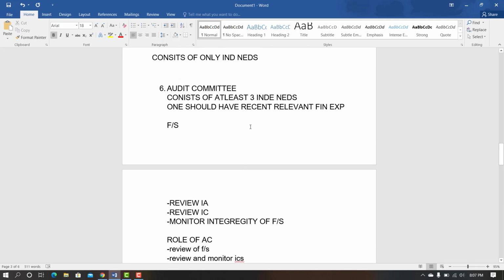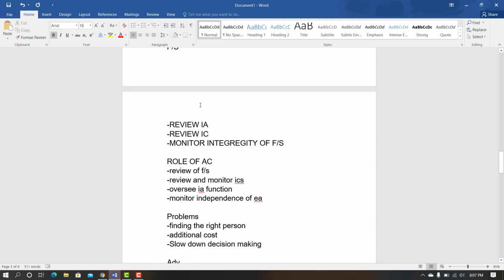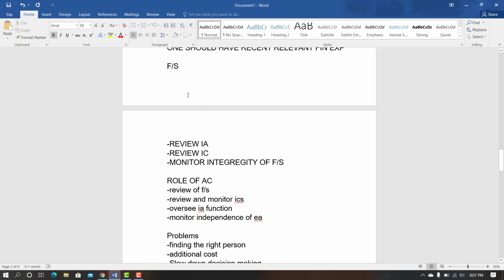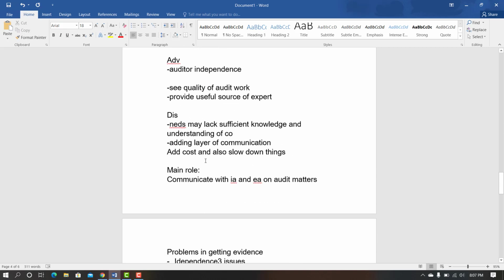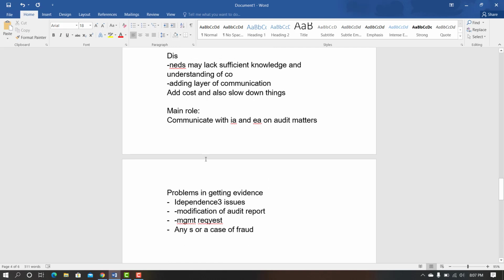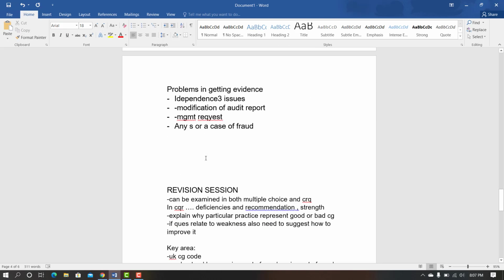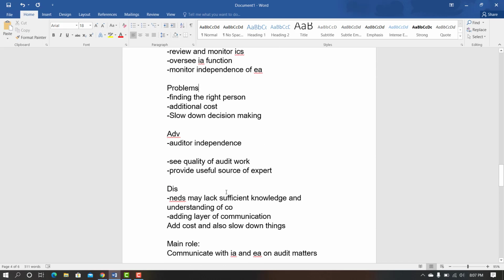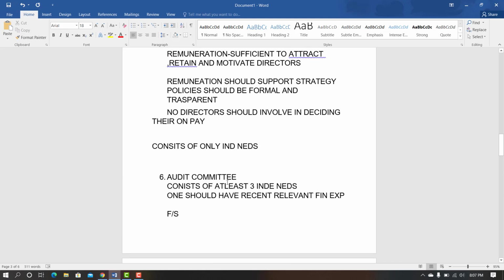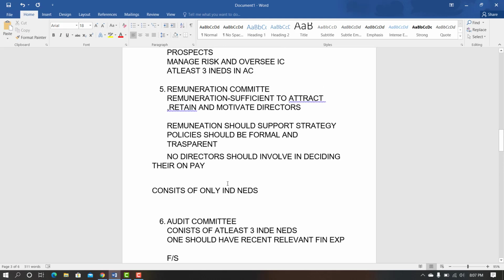In the audit committee we looked at the structure, what the audit committee does under financial statements, role of the audit committee, problems of the audit committee, advantages, disadvantages, main role and problems in getting evidence. So here we come to the conclusion, and I'd like to add one more thing: this will be examined in multiple choice questions as well as in constructive response questions.